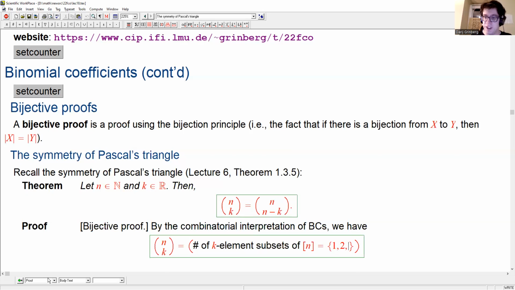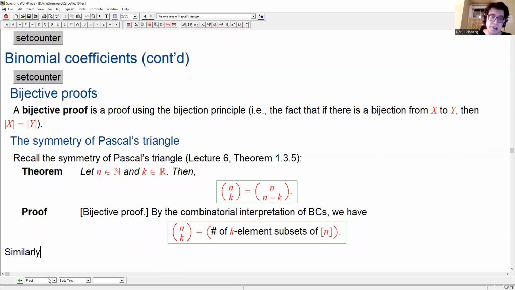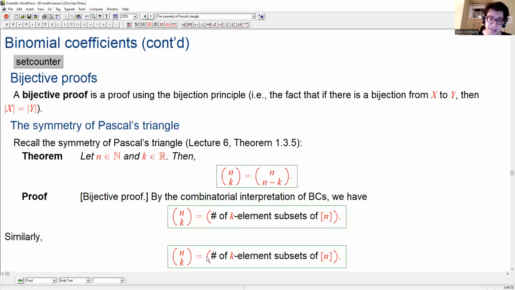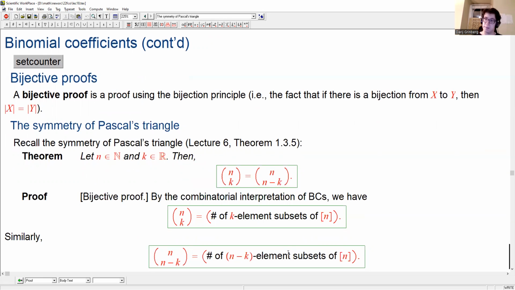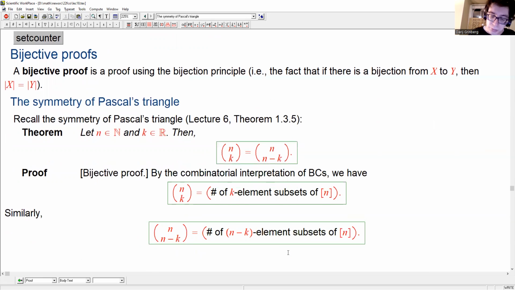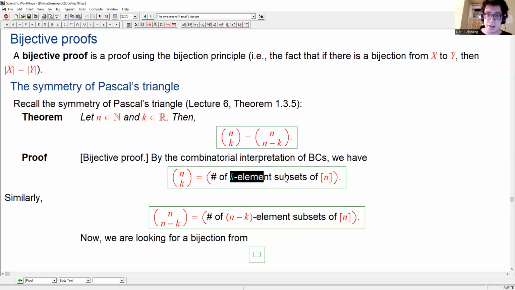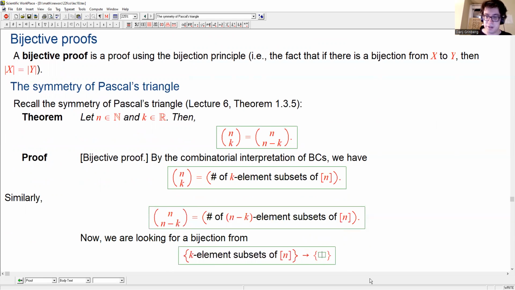Remember, this is the set {1, 2, ..., n}. And similarly, the same is true for the other side, except it's now n minus k element subsets. So now we are looking for a bijection from the set of all k element subsets of n to the set of all n minus k element subsets of n.